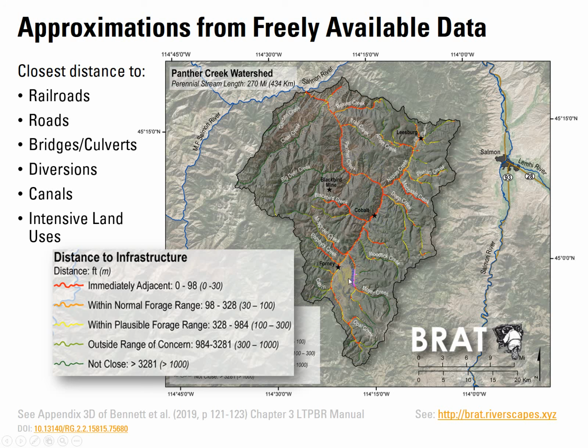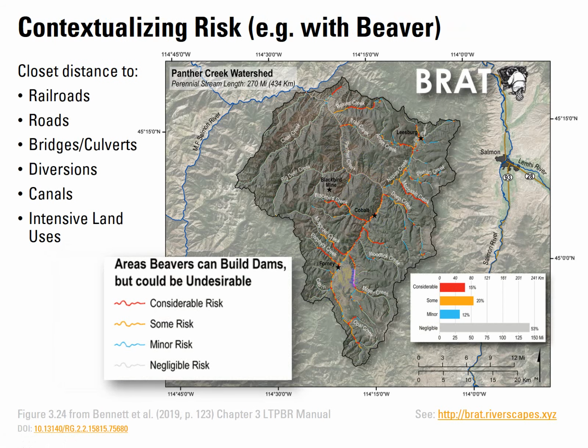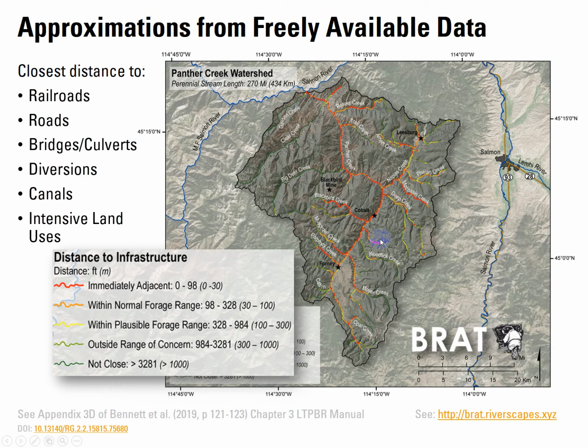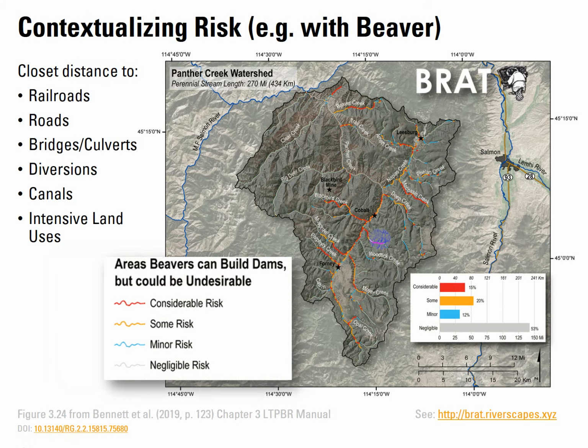What you have to do is look at where there is high capacity to support dam building activity by beaver, and how that aligns with these red areas. And if you do that, notice how much less red area there is, right? This is 270 miles of perennial stream. It turns out only 15% of it, mainly on these main stems with roads, are areas we need to pay attention to.